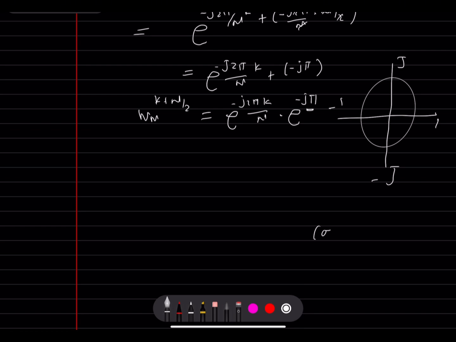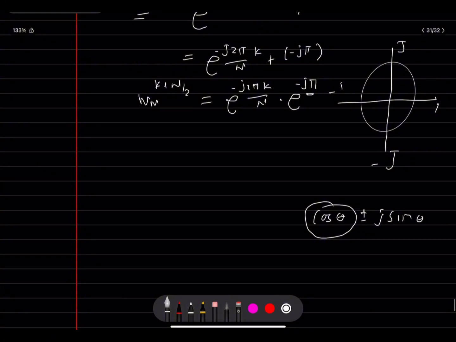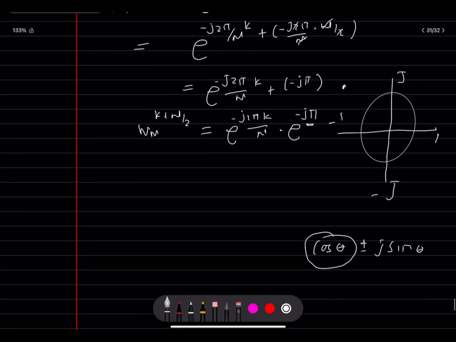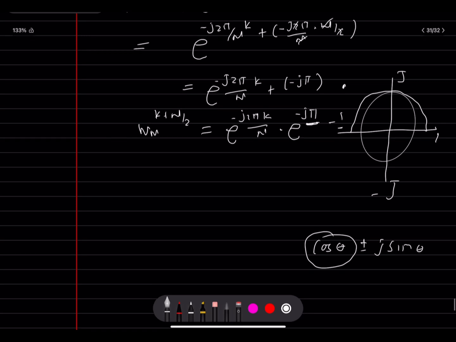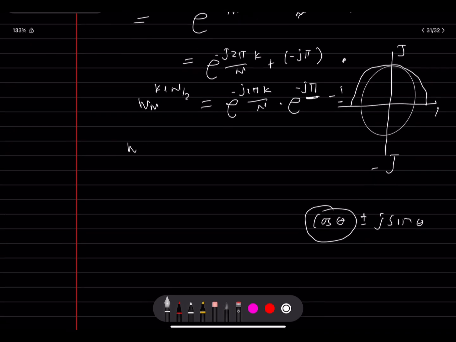From the equation cos theta plus or minus j sine theta, we want the real part. So cos 180 will give us -1. Or just look at the pi here, move to pi and we hit -1. So omega N^(k+N/2) is equal to exponent -j 2 pi k over N, multiplied by -1.